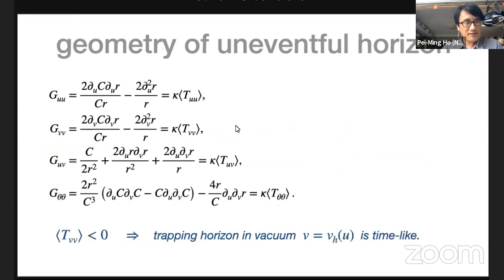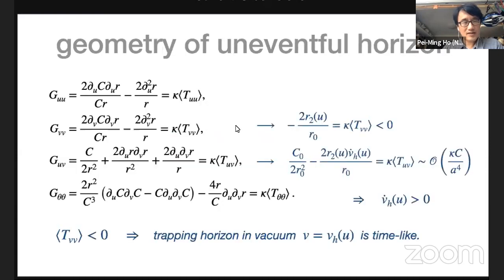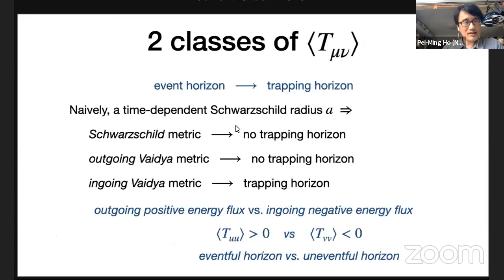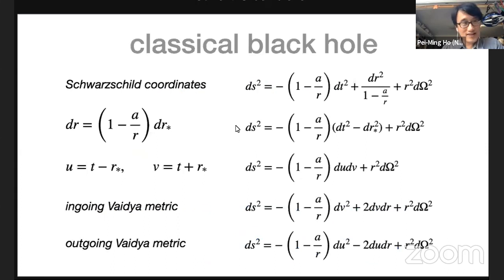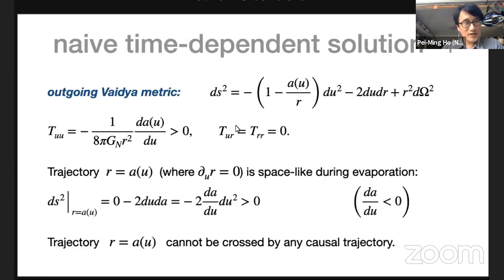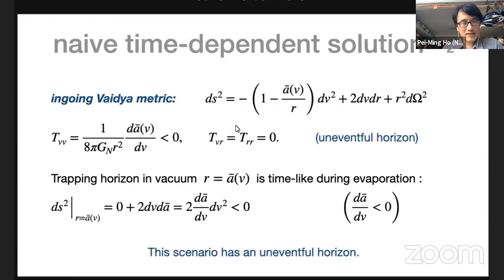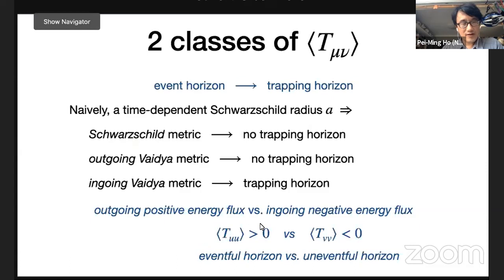I don't have time to show you that the trapping horizon is time-like, but it's in the slides. It's easy to see. You can use the semi-classical Einstein equation to deduce that. And also, I don't have time to show you this, which is essentially giving you a contrast between two cases: the case with positive outgoing energy flux around the horizon or a negative ingoing energy flux around the horizon.